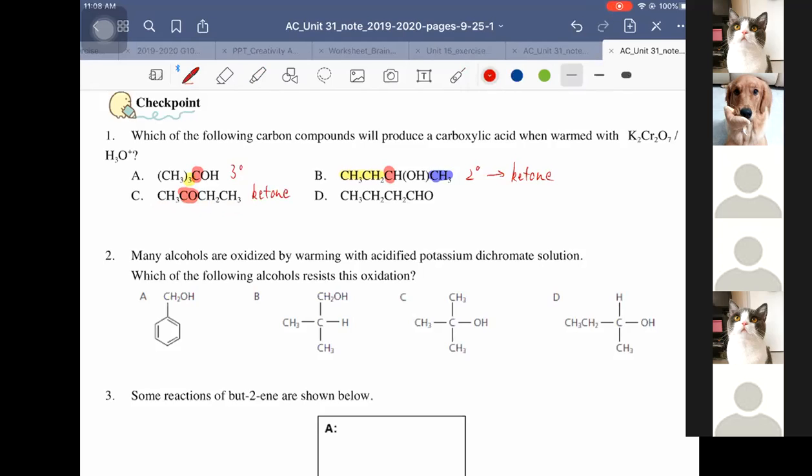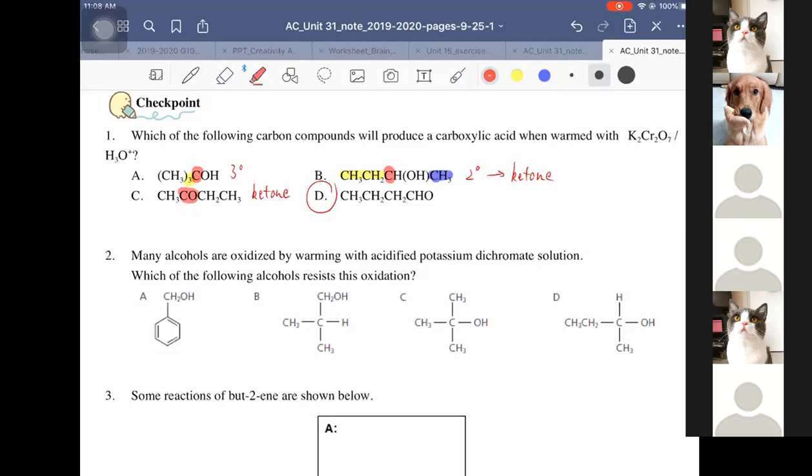And remember, ketone cannot be further oxidized to form carboxylic acid. Only aldehyde can be oxidized to form carboxylic acid. So C is not possible. The correct answer should be D, and we can double check that.